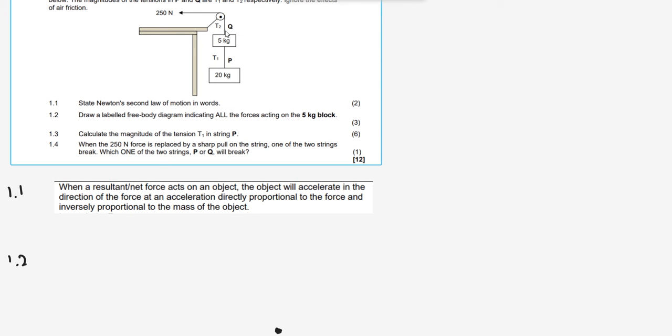So our free body diagram would be like this. We have a force acting up, which is T2, and also we have T1 acting downward, and then we also have the weight.